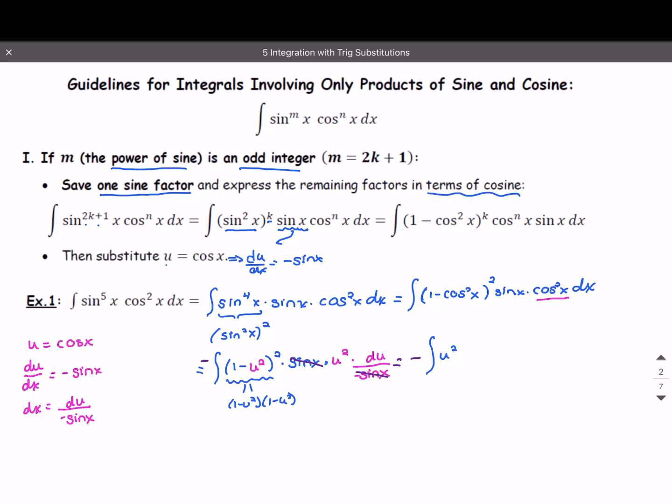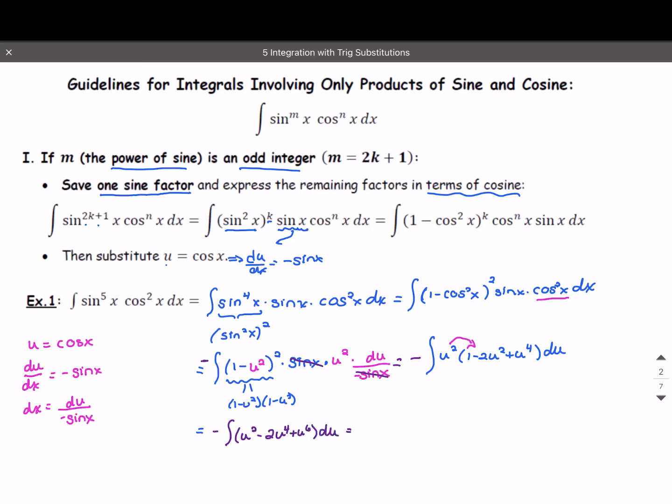So when we expand that, we're going to have 1 minus 2u squared plus u to the 4th, and we still have our du. We're now going to distribute our u squared. So now we have the negation of the integral of u squared minus 2u to the 4th plus u to the 6th du.